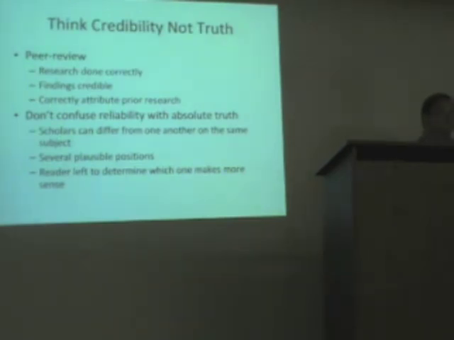Has it gone through a peer review process? Have different people and experts looked at it? Is it credible? Does it use sources correctly? Those are the kind of things that you want to think about as far as information literacy is concerned. So you look at David Barton's book, and he's going to present it as absolute truth.